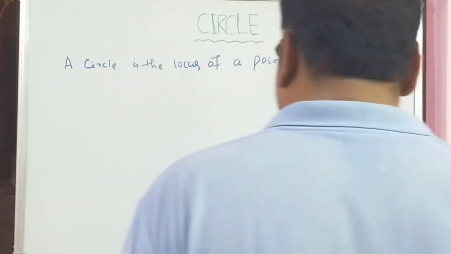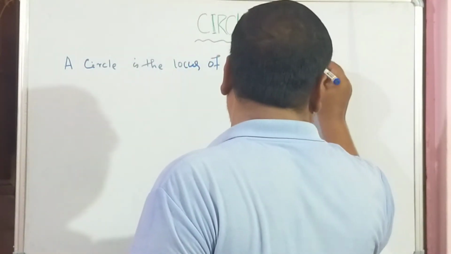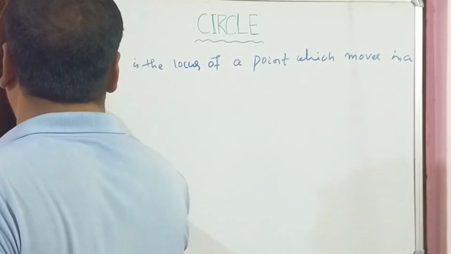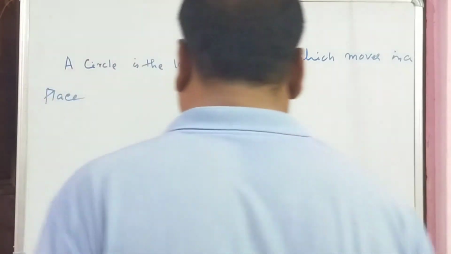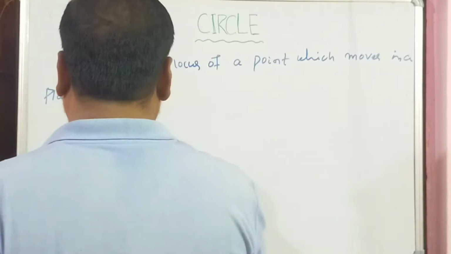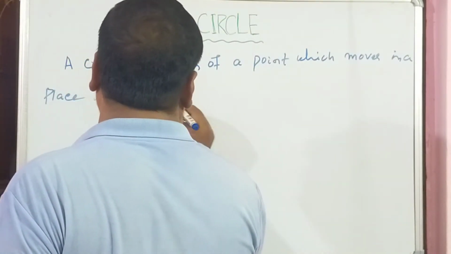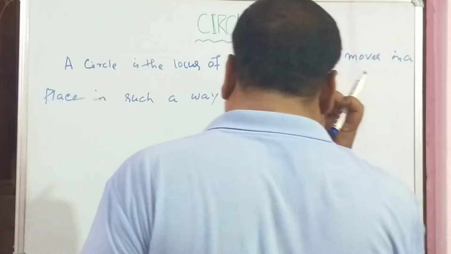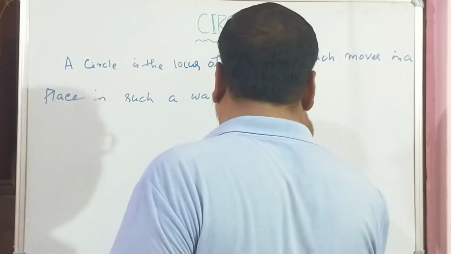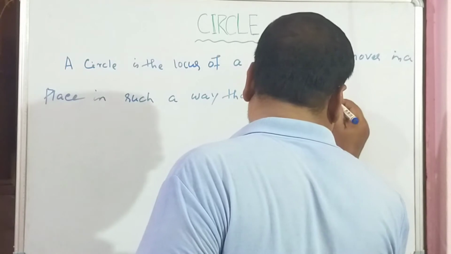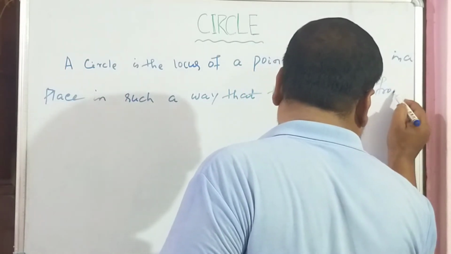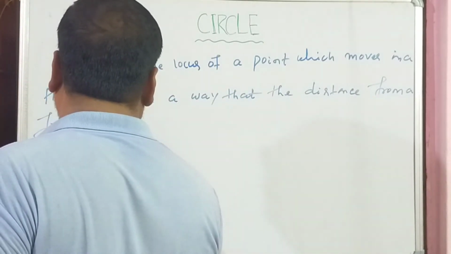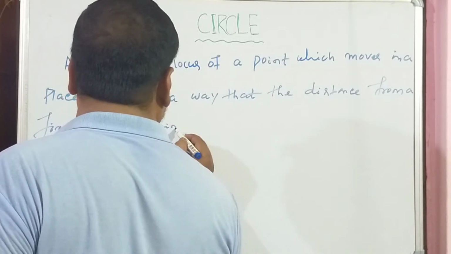The locus of a point which moves in a plane in such a way that the distance from a fixed point remains constant.